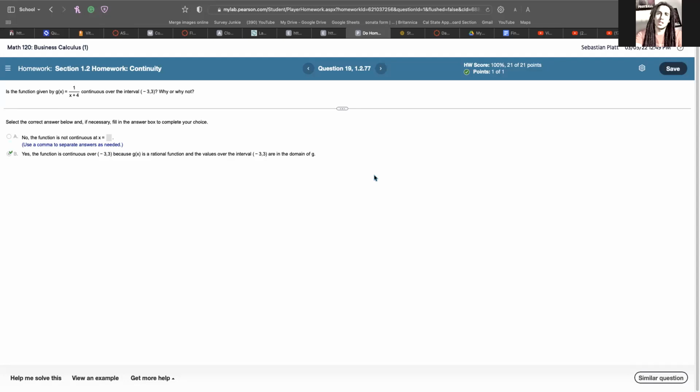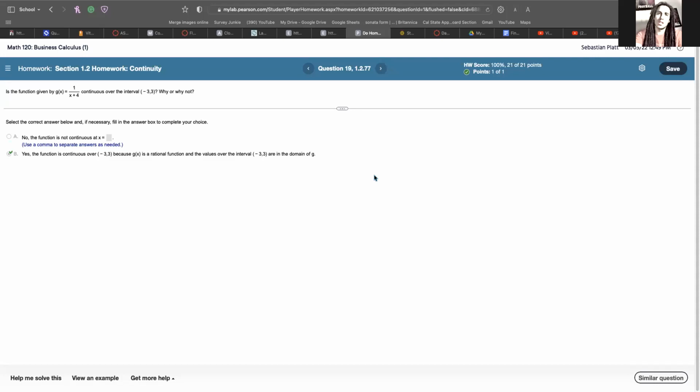Is the function given by g of x equal to 1 over x plus 4 continuous over the interval -3, 3, y or y not? To put it simply, the answer is yes. The reason is that if we were to plug in -3 as x, we'd have -3 plus 4, which equals 1, which is not undefined.